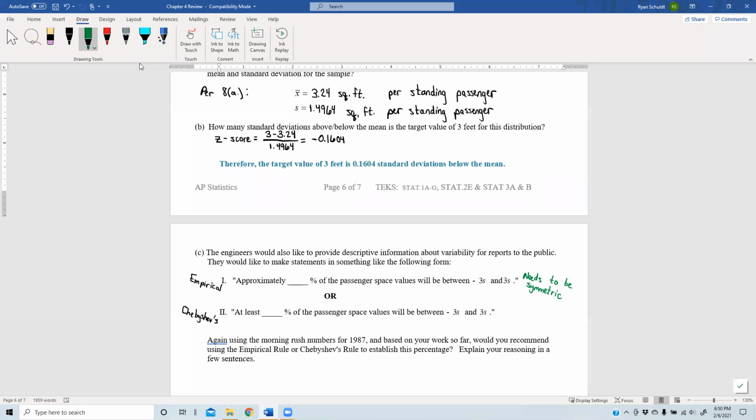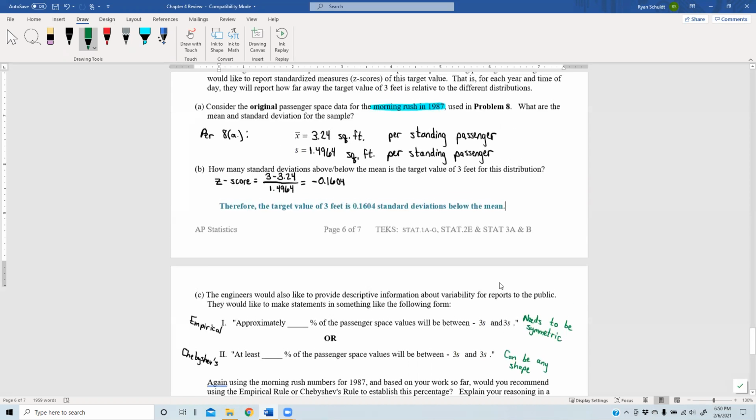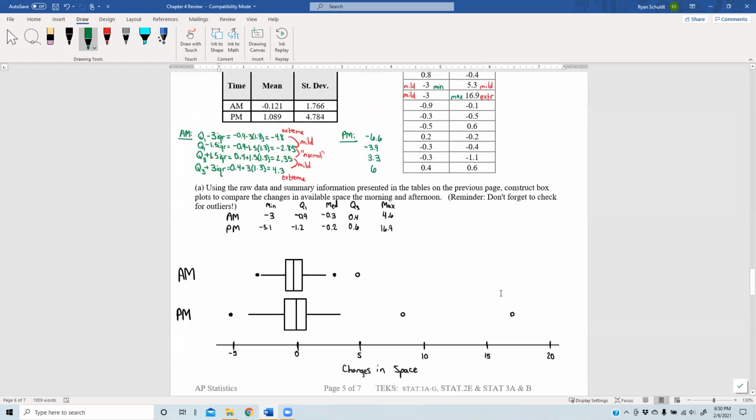For Chebyshev's, it can be any shape. So what we're going to have to do is use the morning rush numbers for 1987 and see what our data would look like. Okay, let's scroll up.